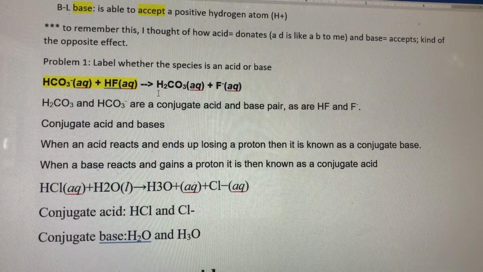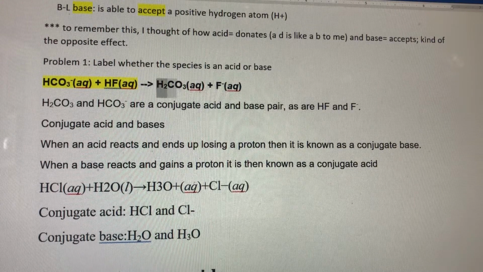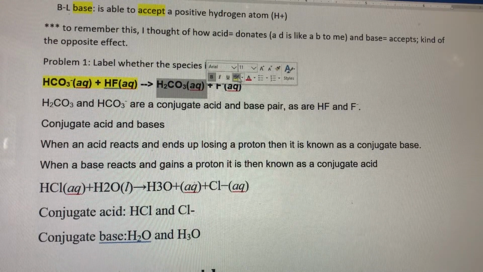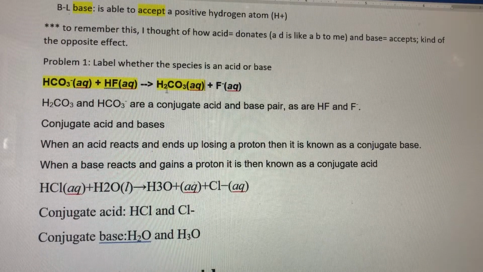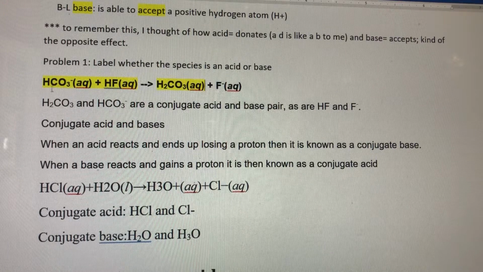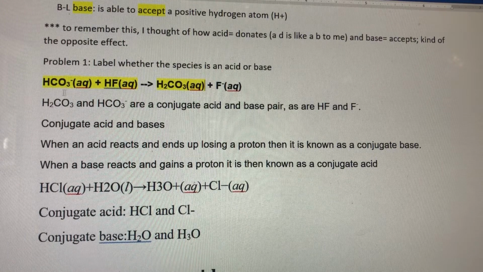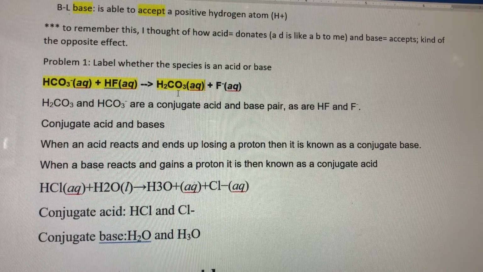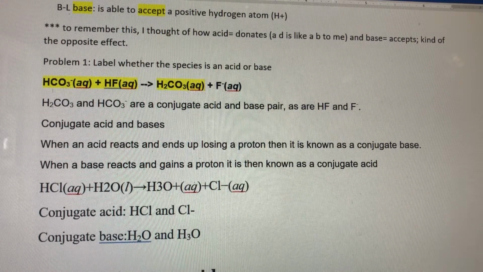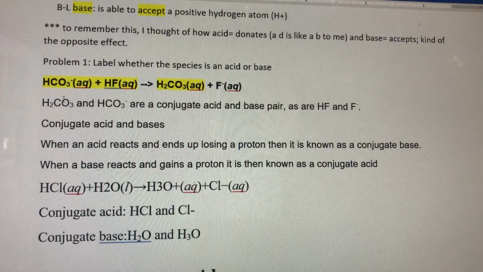This is because right here the H2CO3 aqueous solution is taking the hydrogen ion and it's going to give it to the bicarbonate ion, to the bicarbonate substance. So therefore it's going to make it the conjugate acid in this case, and the bicarbonate is going to be the base.